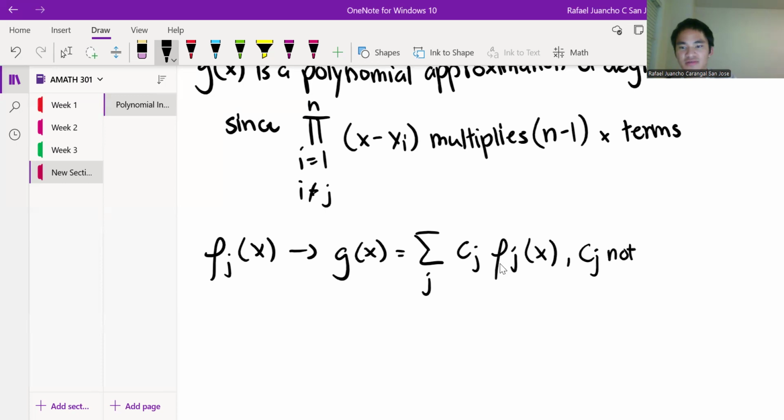Cj is not necessarily data points yj, right? And we use different basis functions, rho j of x, for different characteristics, right? So for instance, where j goes from 0 all the way to n minus 1, our rho j of x is x to the power of j.